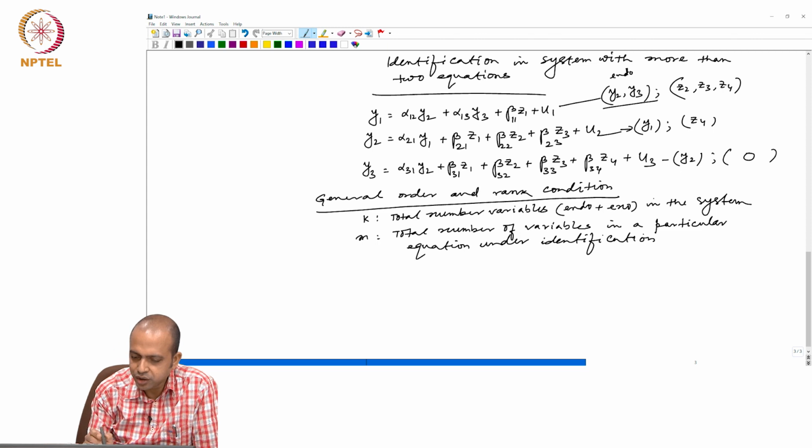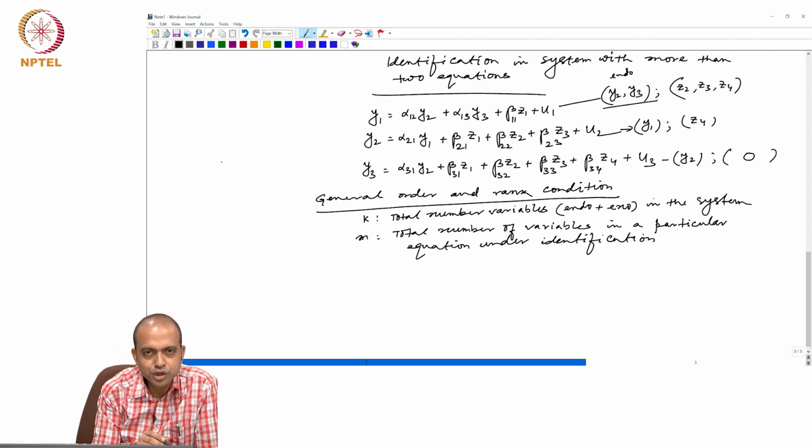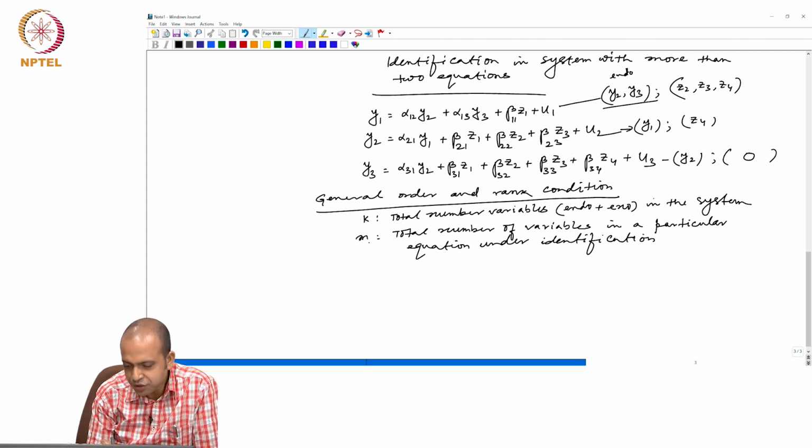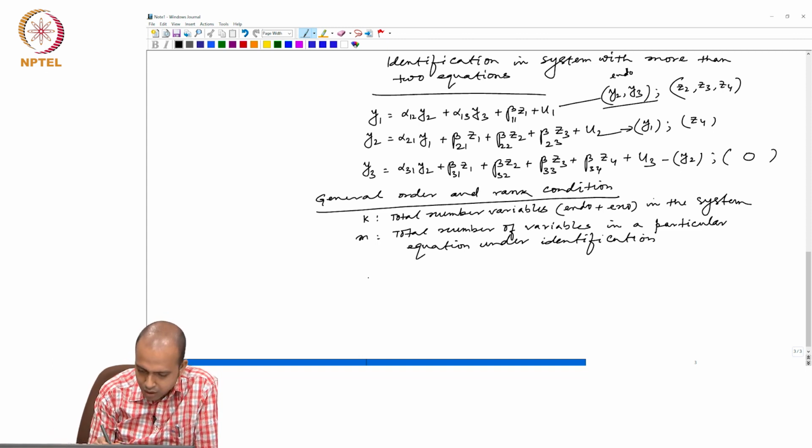So, if we are thinking of whether the second equation is identified or not, M is basically the total number of variables in the second equation. If we are thinking whether the first equation is identified or not, then M is the total number of variables in the first equation, like that. And G is the total number of structural equations.